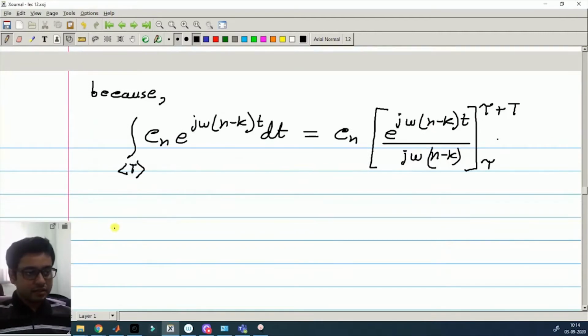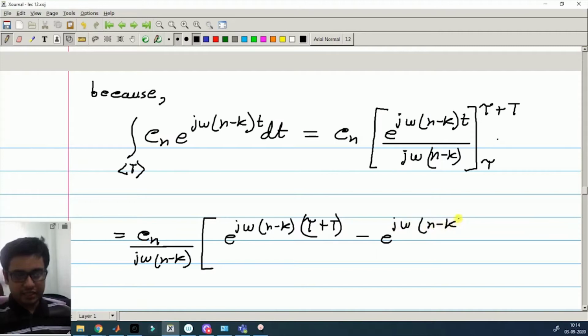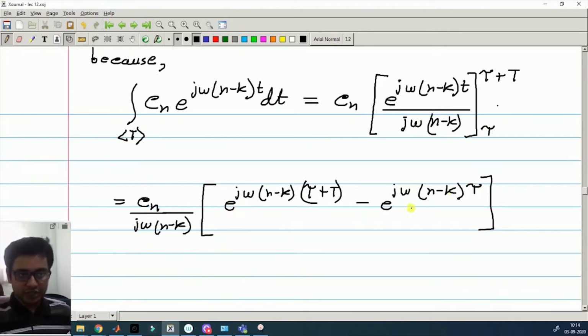And then this is equal to Cn, the denominator is a constant j omega (n minus k), the numerator will be e to the power j omega (n minus k), in place of t put tau plus T, minus e to the power j omega (n minus k), in place of t put tau. Then you can easily see that these two terms are equal, and therefore this is equal to 0.